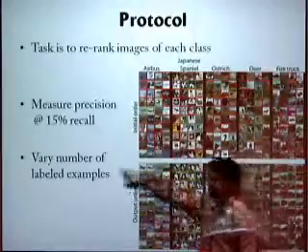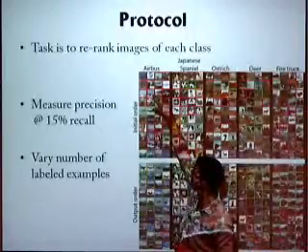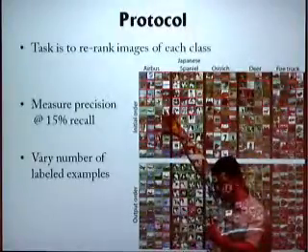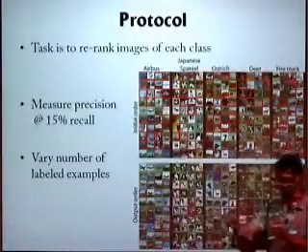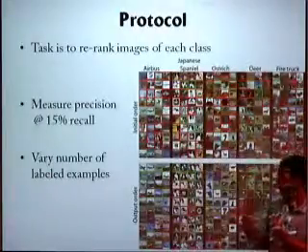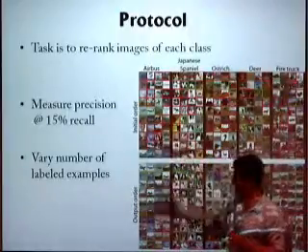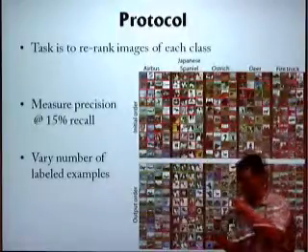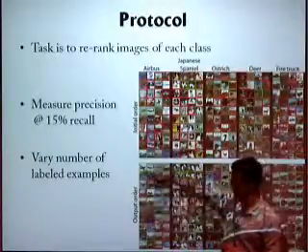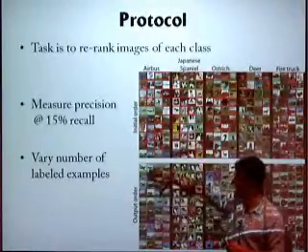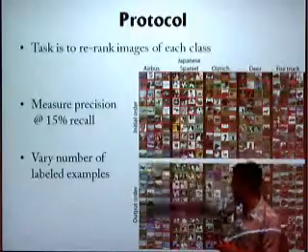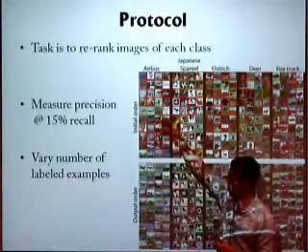Then you take a few labeled training examples, and you propagate these labeled examples using the eigenfunctions to the remaining set of images for this keyword. Hopefully the images which have the highest label value, f, will correspond to better examples of the class, improving the quality of the images over the original ordering.